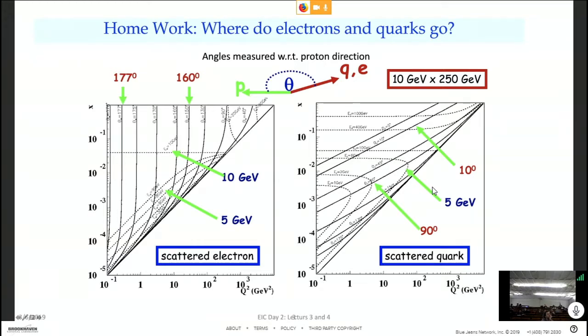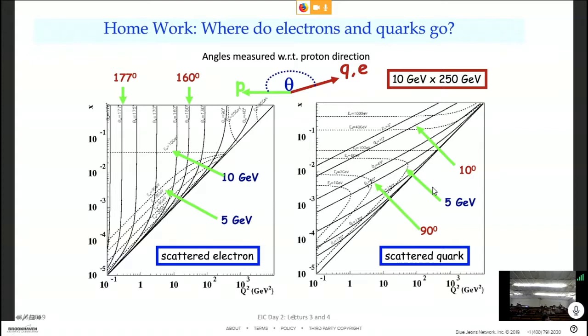And so the same plot has been made now for where the quarks go. You can stare at this and see that a quark going at 170 degrees, 175 degrees means that the quark has turned over to this side here, which is very unusual, and that's why it sits at extremely low x right here.